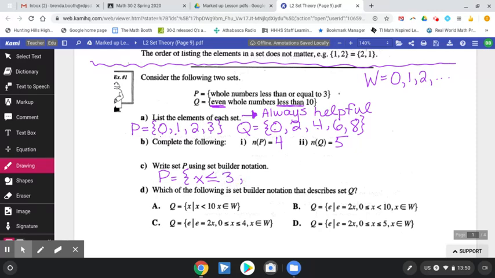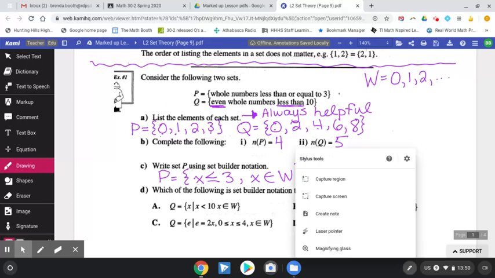And you have to say what type of numbers, because P does not include any decimals, any fractions. So we have to include that X is an element of whole numbers. So what our symbols are saying here is that P includes all the whole numbers that are less than or equal to 3.